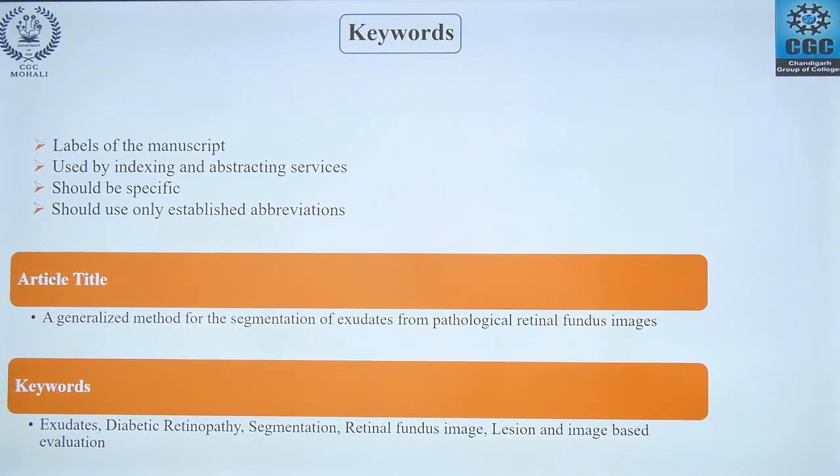Once we submit such a paper with such keywords, it broadly tells you what is going to come in the paper. These keywords are firmly established in the field of diabetic retinopathy, so we should always take care what type of keywords we are using.